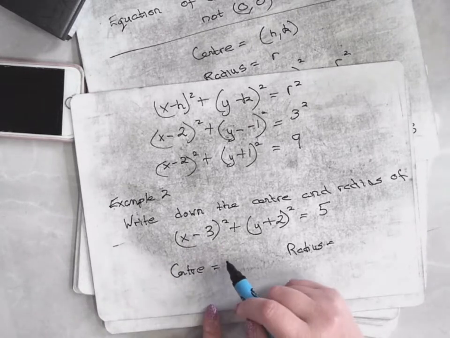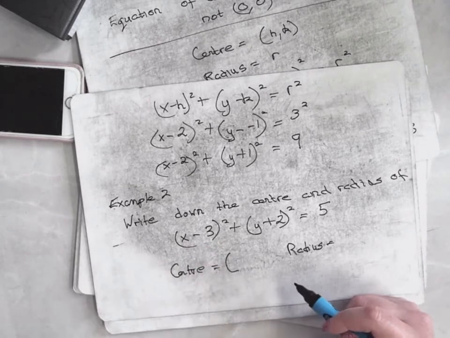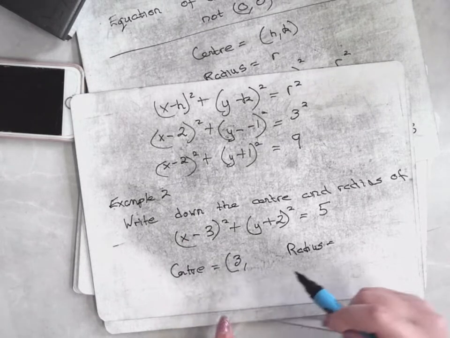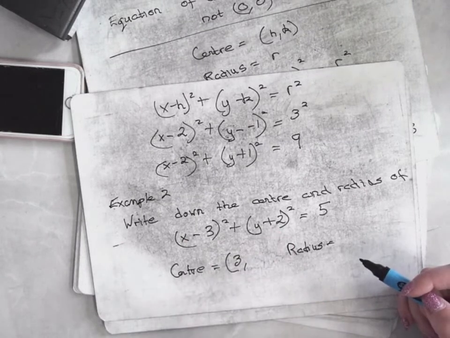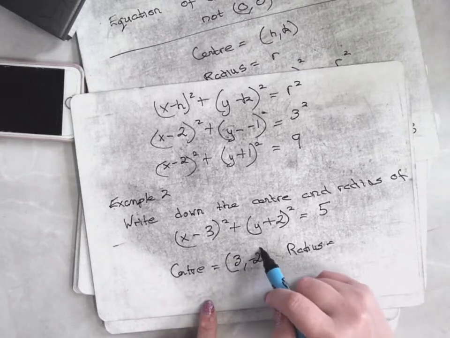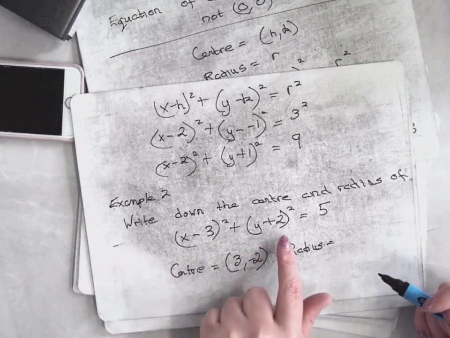So the centre is (h, k). This is minus h, so what's h? Plus 3. And this is minus k, so what's k? Minus 2. So it's the opposite signs to what's there. So the centre is (3, minus 2).